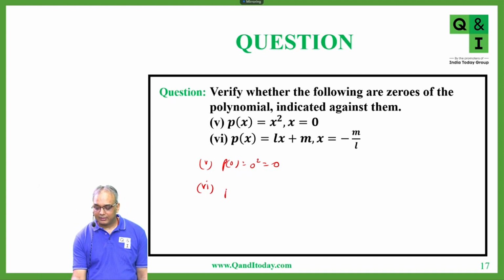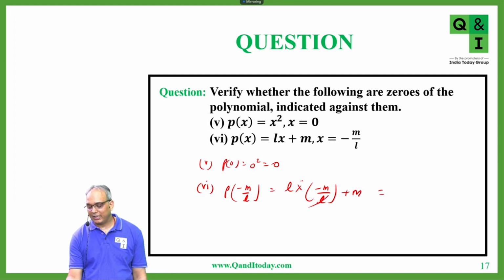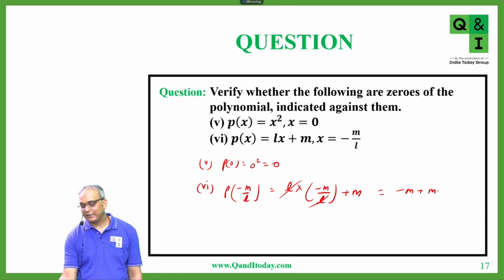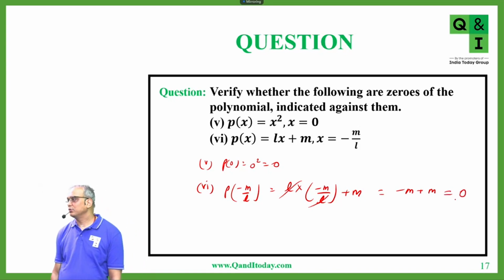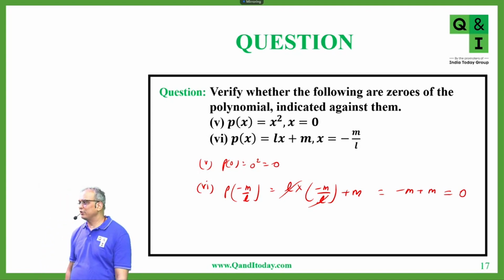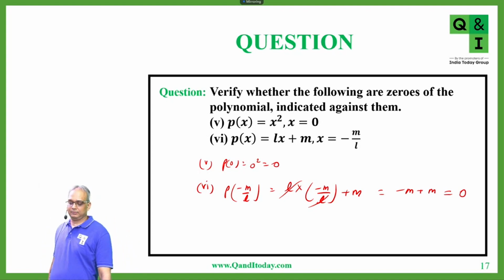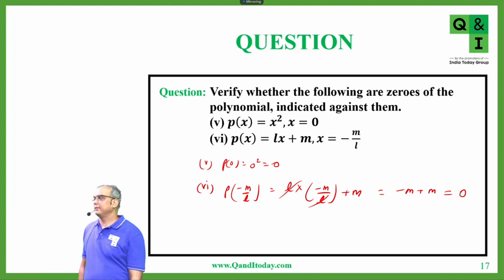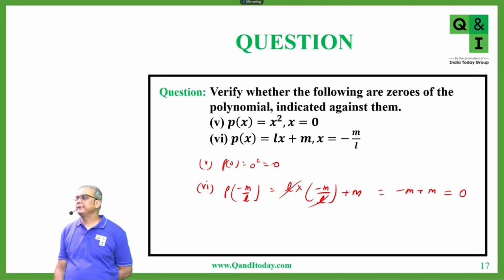Sixth one, P of minus m by l is l times minus m by l plus m. So l and l gone, minus m plus m, which is equal to 0. So yes, it is a 0 of the polynomial. Minus m by l is 0 of the polynomial. Correct?